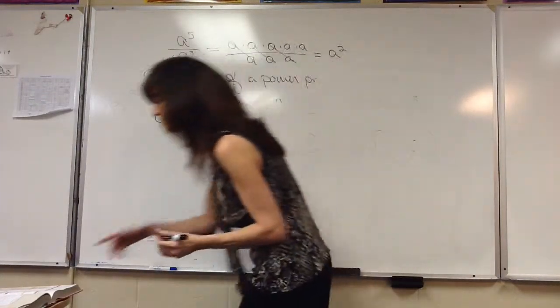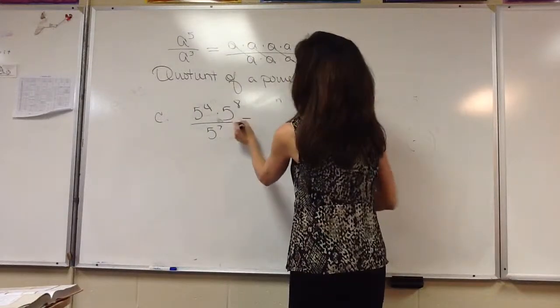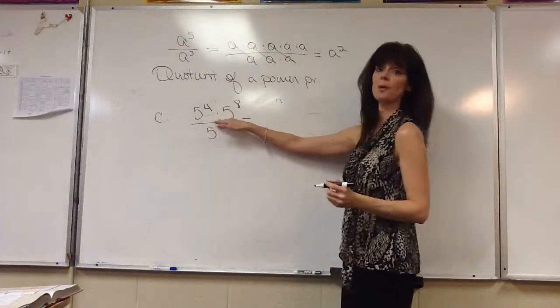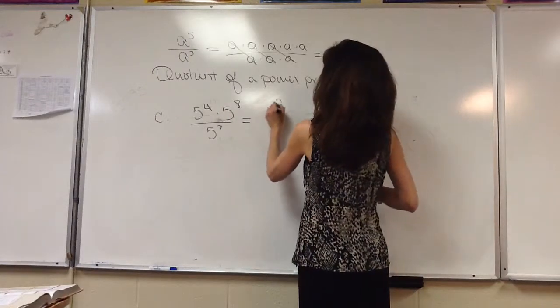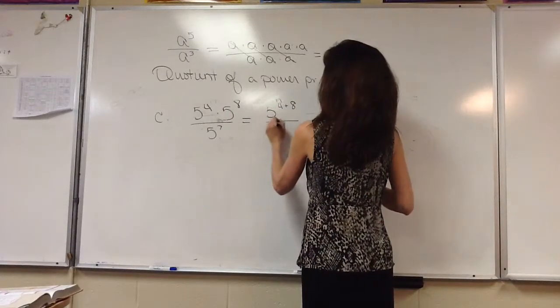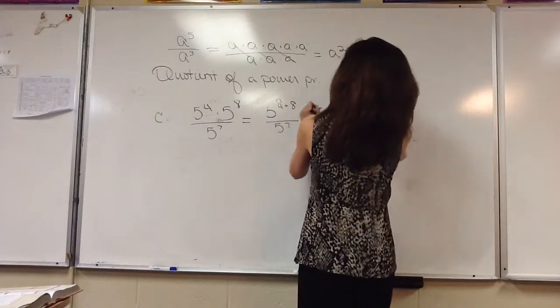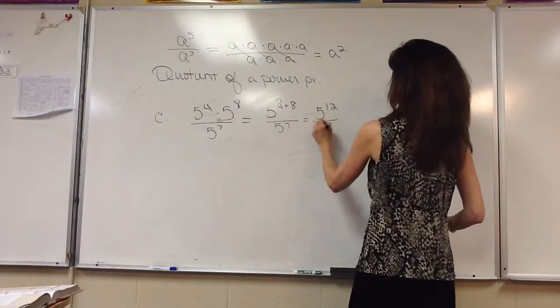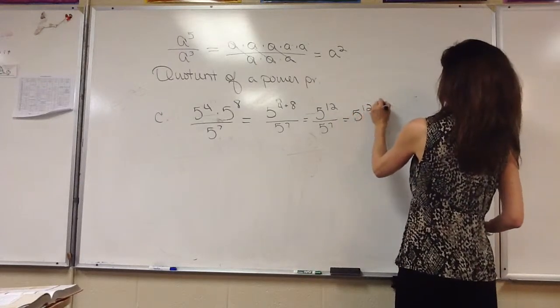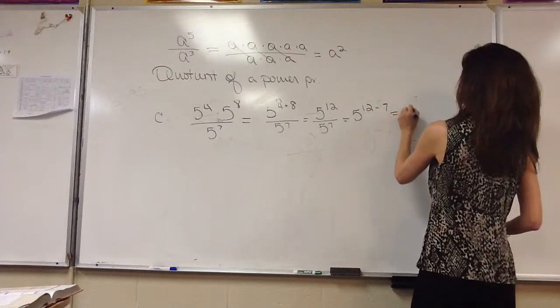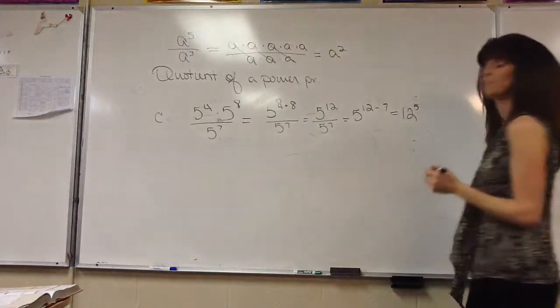The first thing I am going to do is take care of this property here, which is our product of powers property. We're going to say 5 to the 4 plus 8 over 5 to the 7th, which would be 5 to the 12th power over 5 to the 7th. Then we're going to subtract 12 minus 7, which will equal 5 to the 5th power.